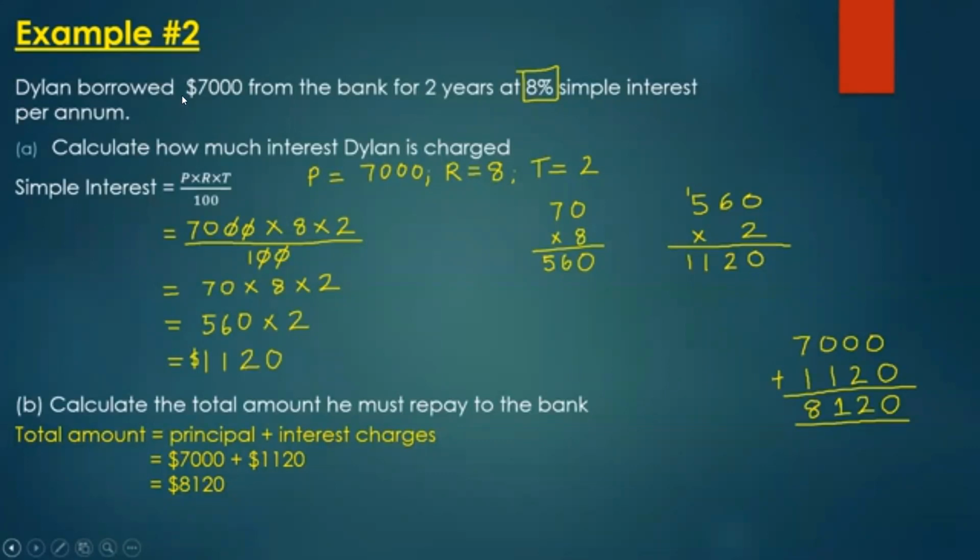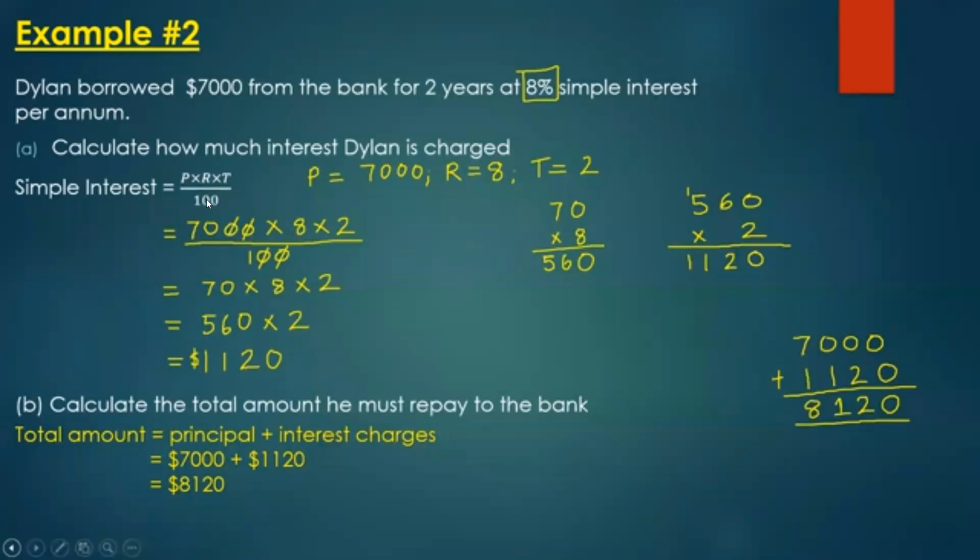Shaya, can you explain example number 2, please? Yes, sir. Example number 2 says Dylan borrowed $7,000 from the bank for 2 years at 8% simple interest per annum, like per year. For A, you have to calculate how much interest Dylan is charged. The formula for simple interest is principal times rate times time divided by 100.